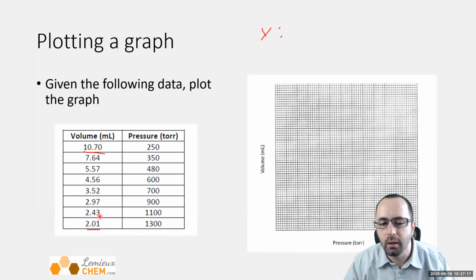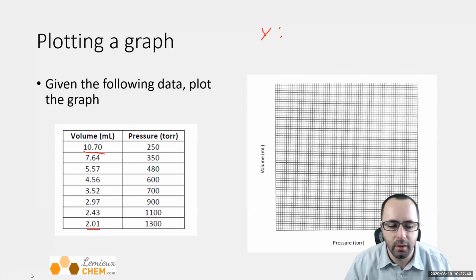So we can start with 0 if we want. That seems like it will be easy. And then maybe our range goes up to like 12. Okay, and if we divide those into 12 boxes, well, then every box will be 1, right? So that's the kind of situation that you're looking for here. You want something that comes out very nice and easy.